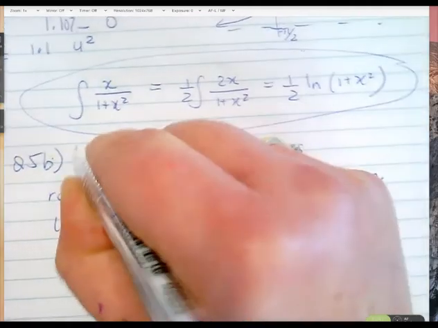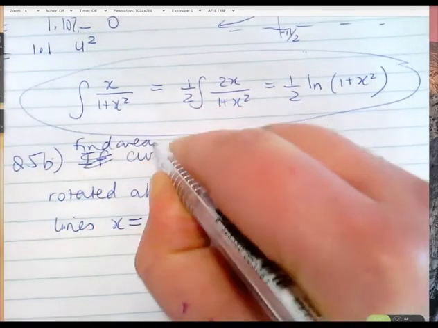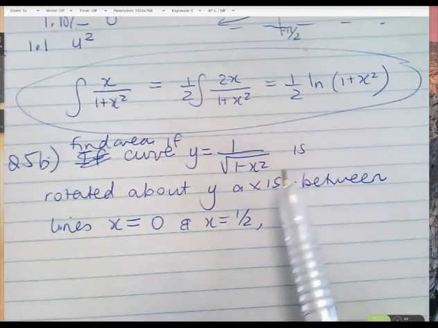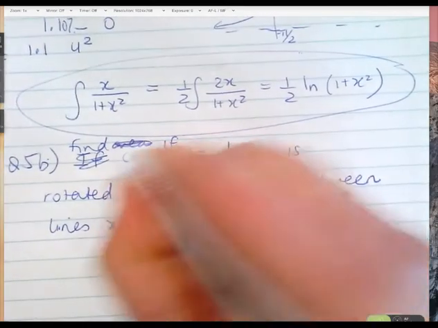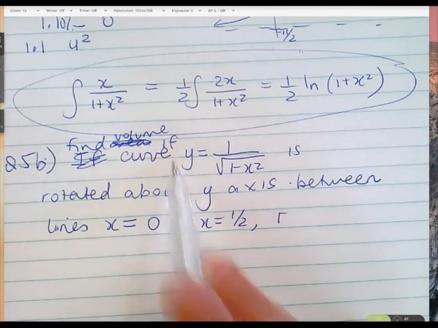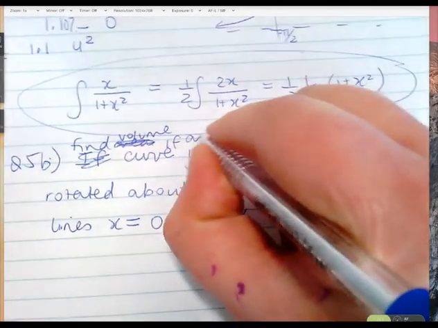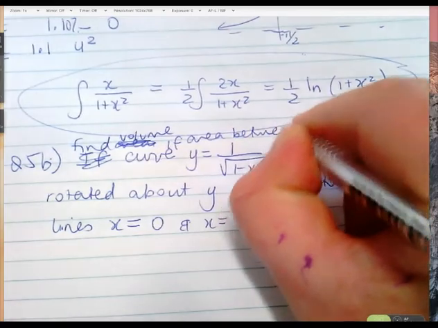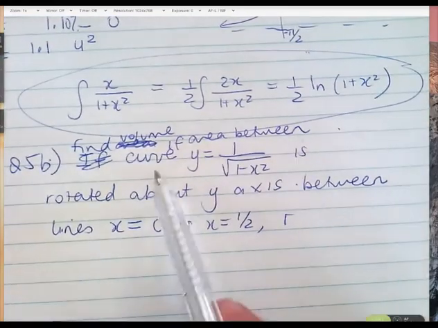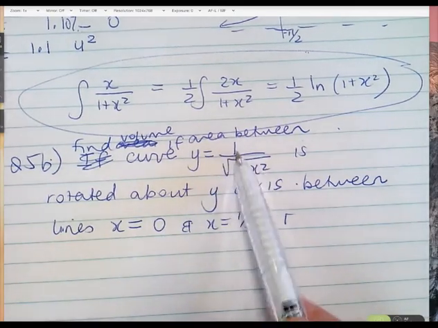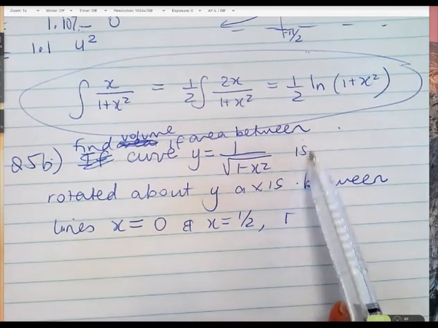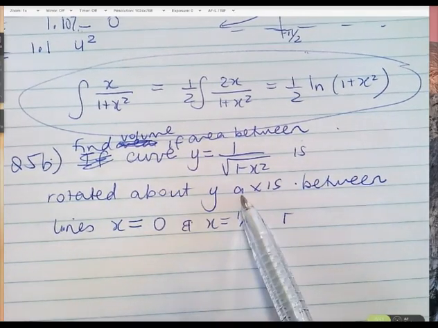So find the volume if the area between the curve y equals 1 over the square root of 1 minus x squared is rotated about the y-axis.